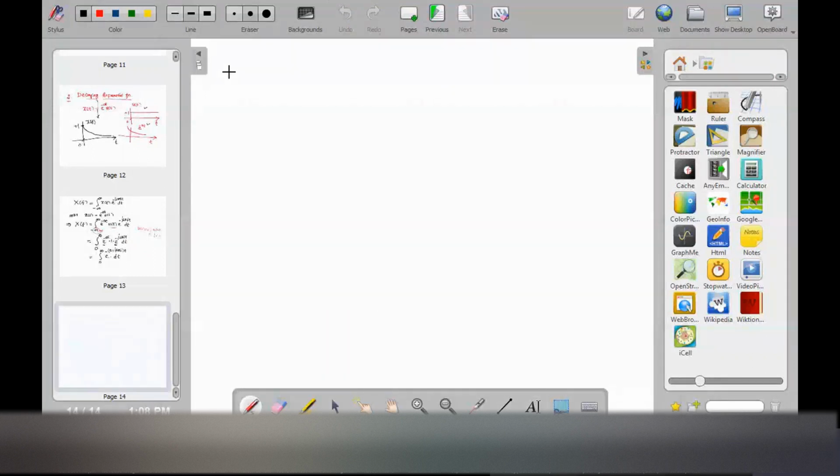Next, let me calculate its integration. What is the integration of an exponential form? The integration of e to the power a theta with respect to theta is 1 by a, e to the power a theta. So here it is e to the power of minus a plus j 2 pi f into t, divided by the differentiation of the exponential power part.